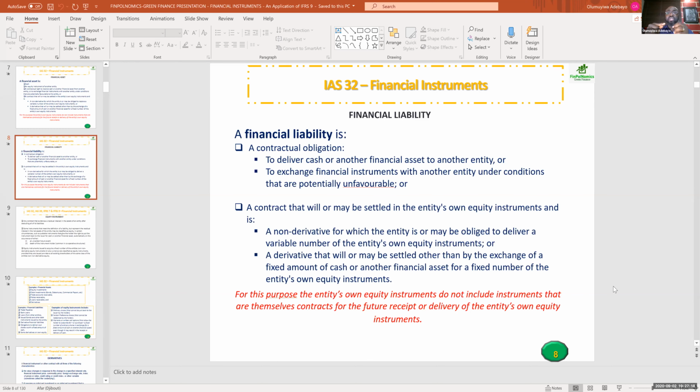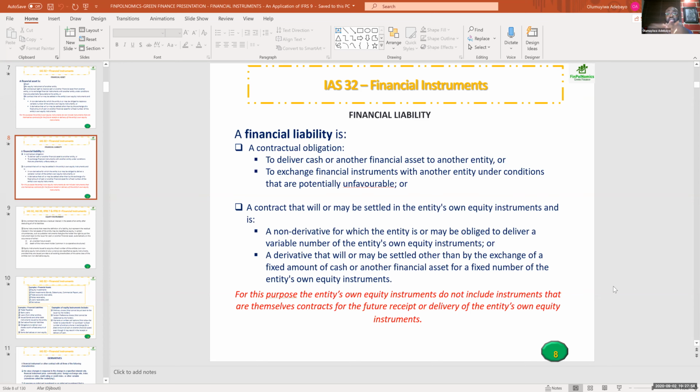Even as an individual, it's easier to borrow money. It's easier to owe people. It's easier to buy on credit. But when it comes to settlement or payment, no matter how honest you are, it's not easy to part with your cash or any other financial assets in full settlement of your obligation. That is why the term potentially unfavorable condition is adopted by the standard.